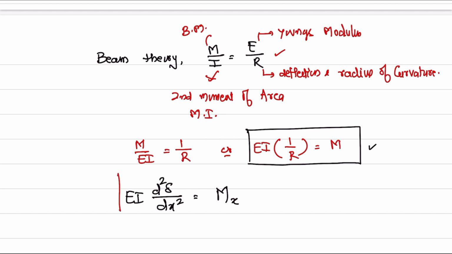This is a very important equation. Please remember, d square delta by dx square is nothing but 1 by R.